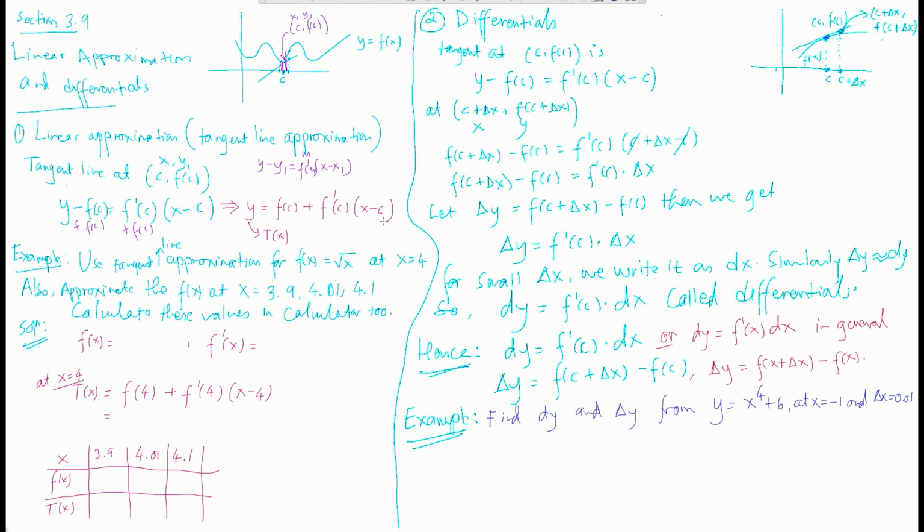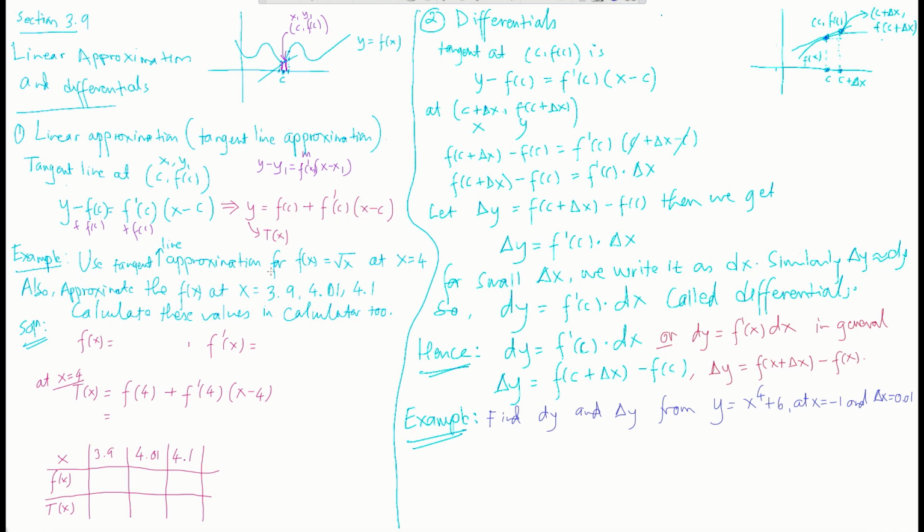We denote this by T(x) because this is the equation of the tangent line, right? So y is basically f(x), a function of x, but here we write T(x), just to note that this is the equation of the tangent line, okay? The value of c will be given to you, that is x equals c, and you just plug in the values there.